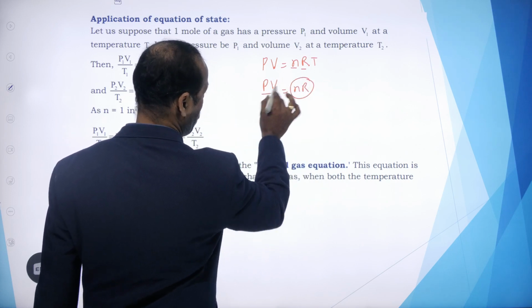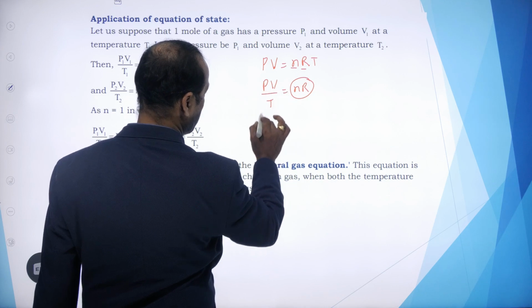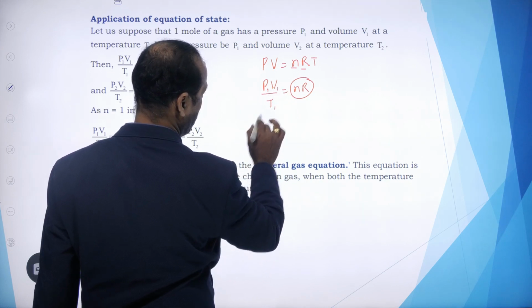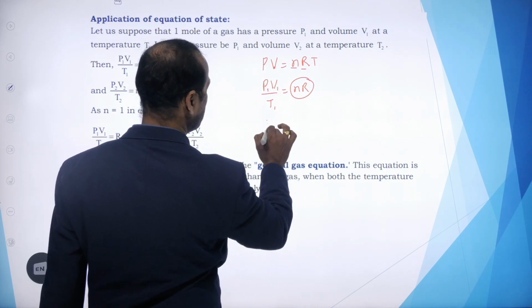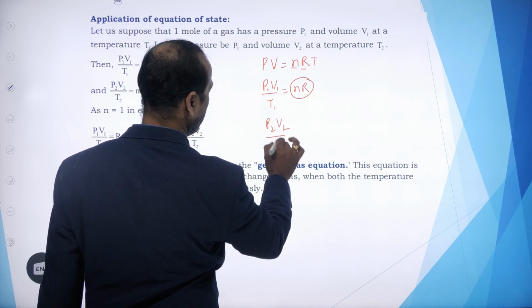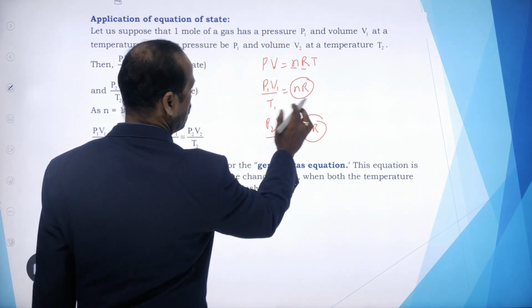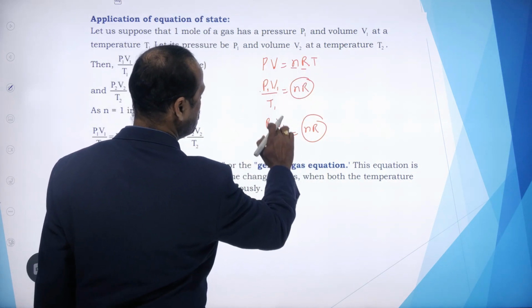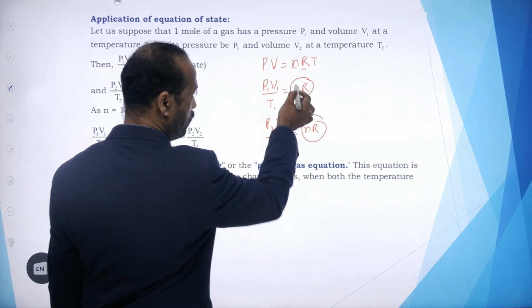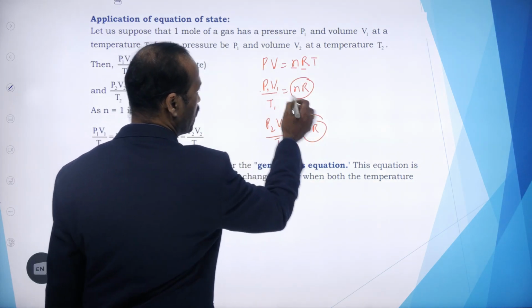Constant means always the same. Now I put the conditions: P1V1/T1 = nR. In a similar way, P2V2/T2 is also equal to nR because this is constant. Now this is equal to this one, and this is equal to this one, which means, if A is equal to B and B is equal to C, the meaning is A is equal to C.